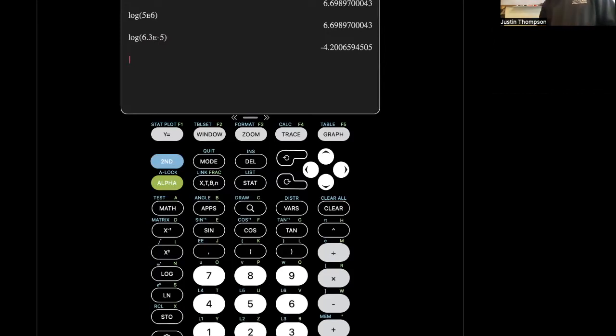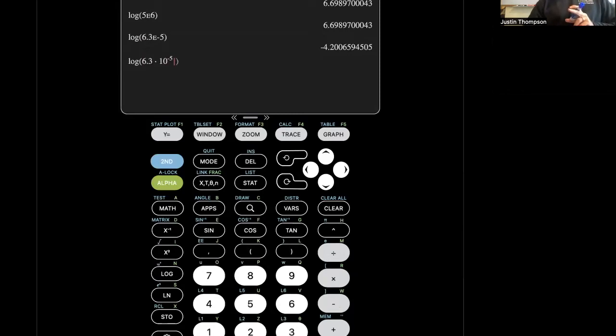Now, just to be clear, if you're not comfortable with that E key, let me show you what this would look like if you didn't want to use the E key. I'm going to say log base 10, 6.3 times 10 raised to the -5. Notice I did not use the actual white negative key over here in between the times and the plus.